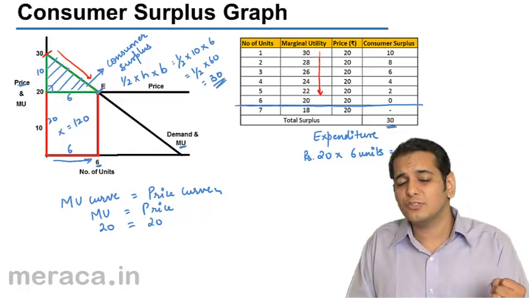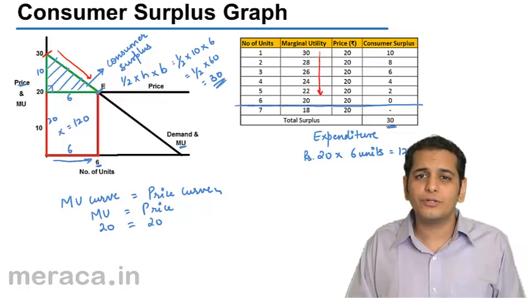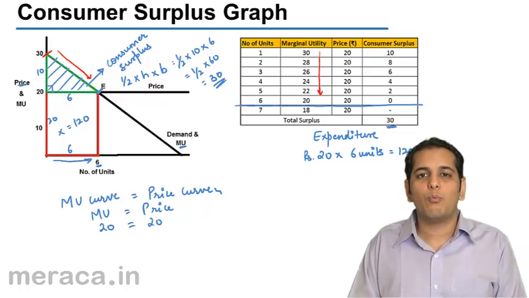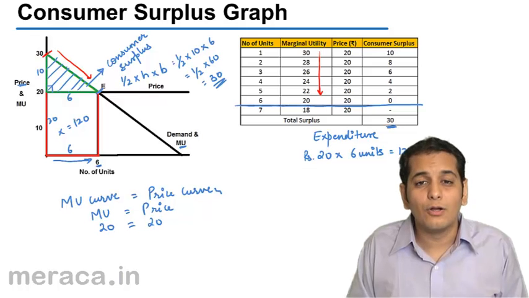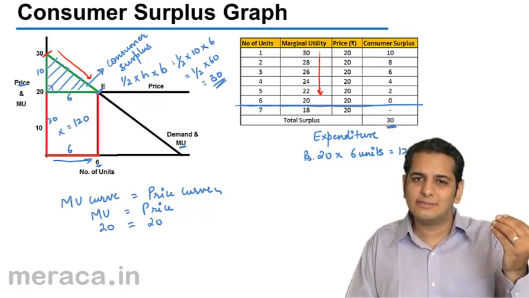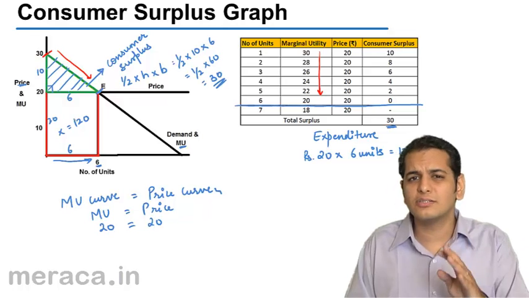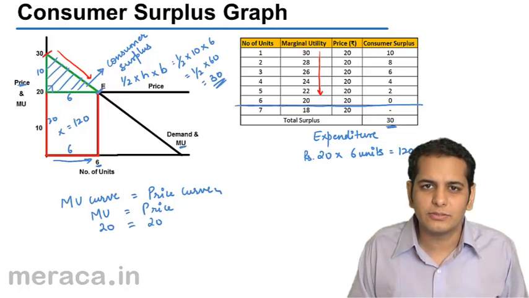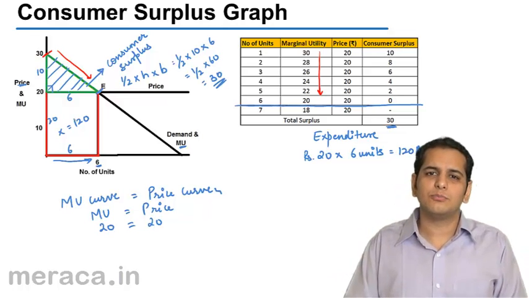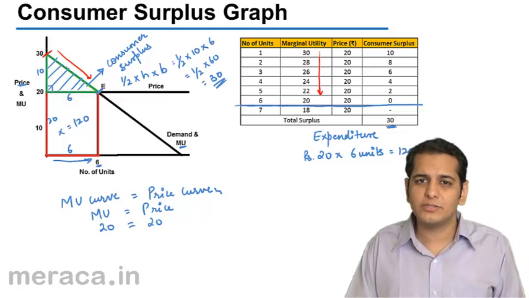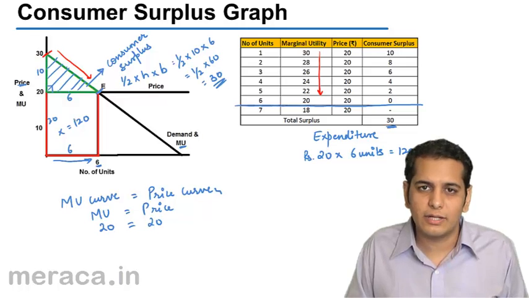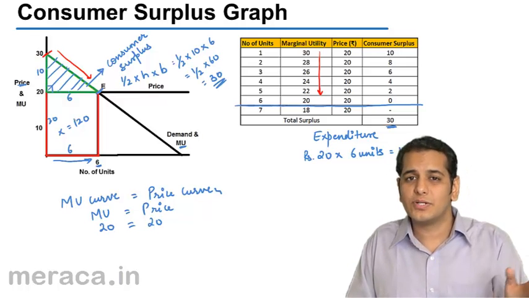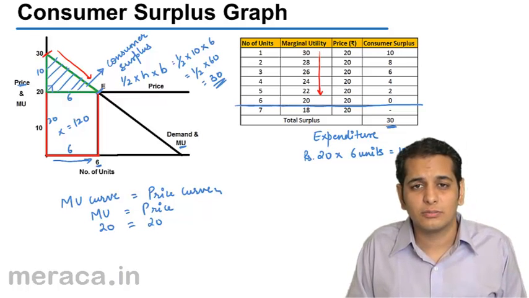Again, from the seller's perspective, it is very important to understand what a consumer is willing to pay. A good seller does not sell his products to all the consumers at the same price, because all the consumers may not be ready to pay the same price for his product. It is imperative for him to understand what the consumer is ready to pay for his product.